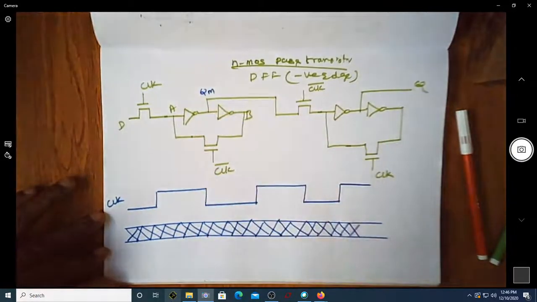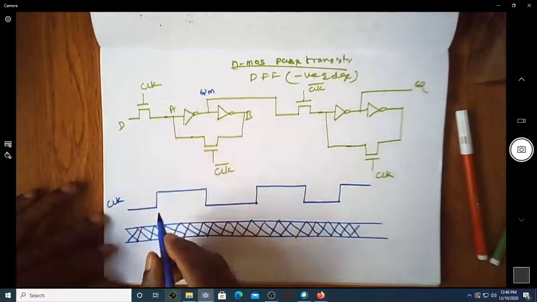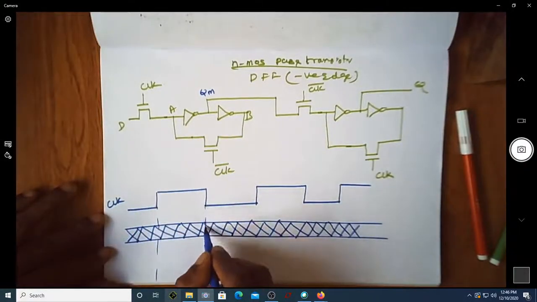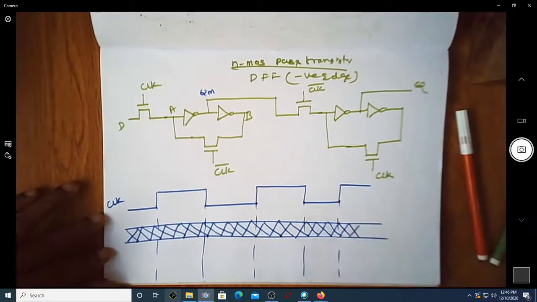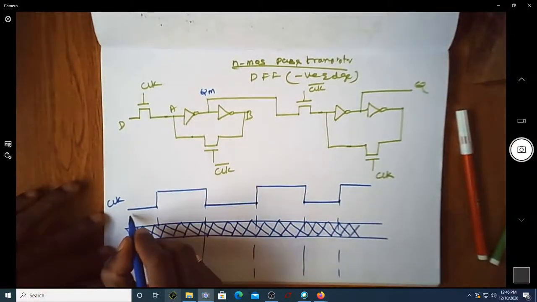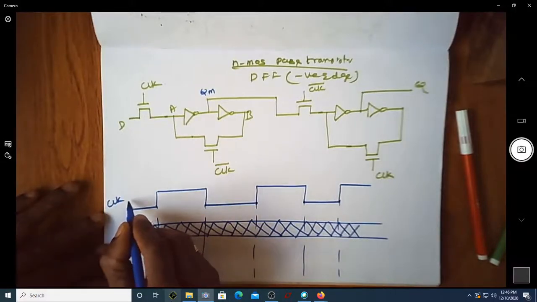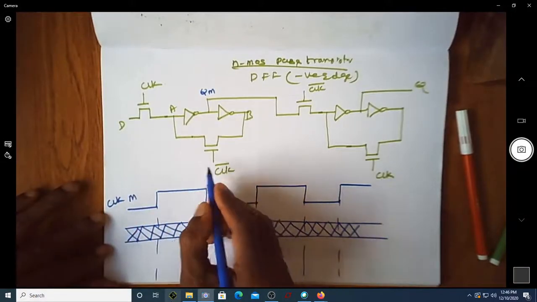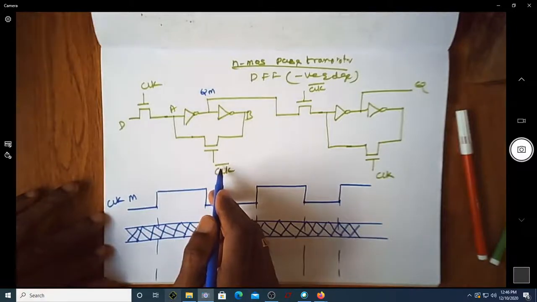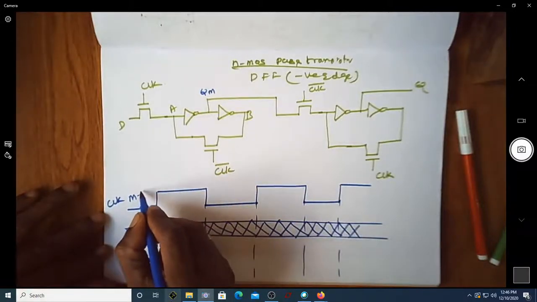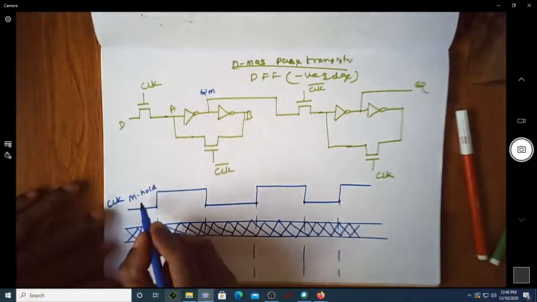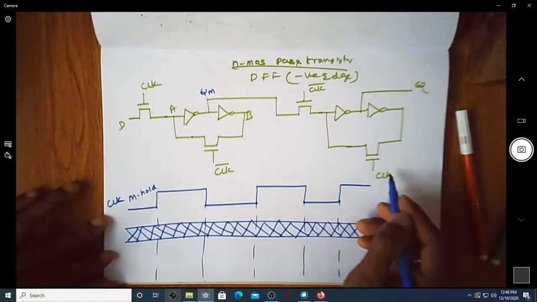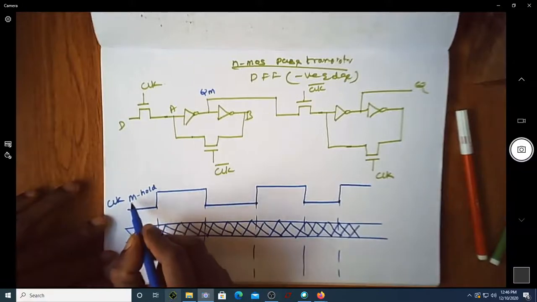If I want to write this as my QM, we are interested in whether it is in hold mode or sample mode. During this 0, M is in hold mode. When I say M, this is the master, whereas this is my slave, which is in sample mode.